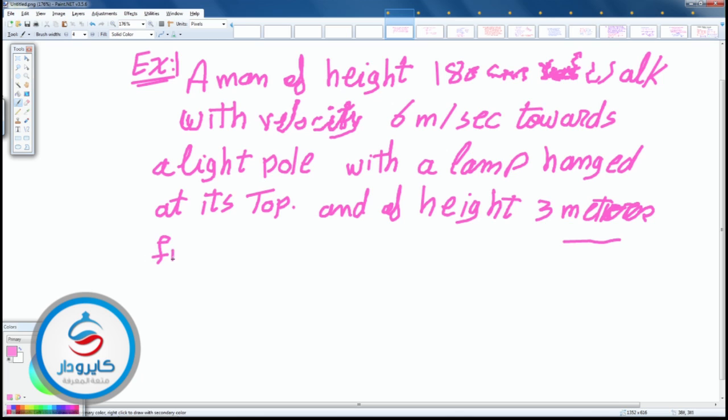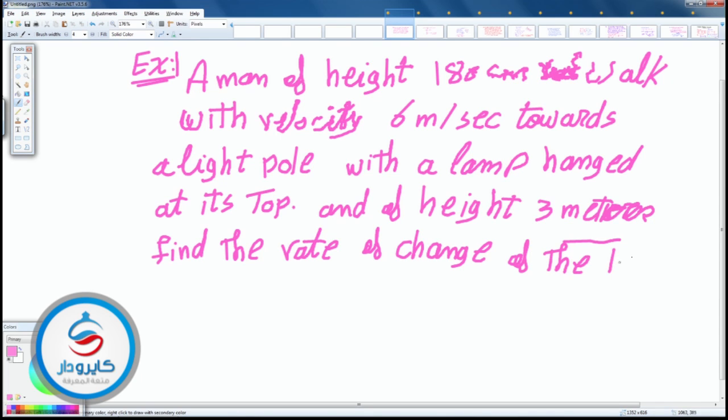Find the rate of change of the length of the man's shadow on the ground.